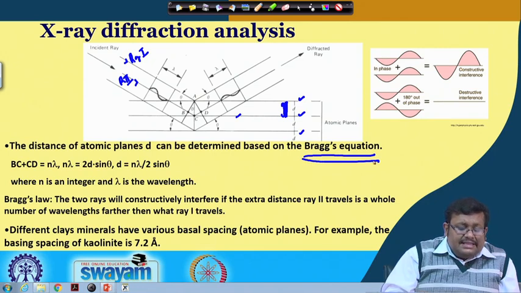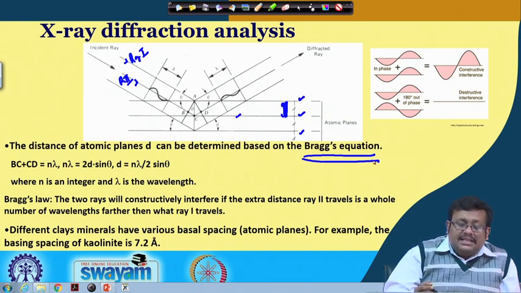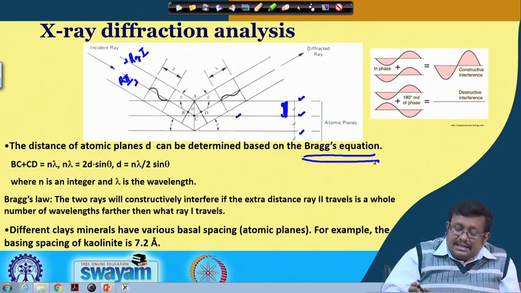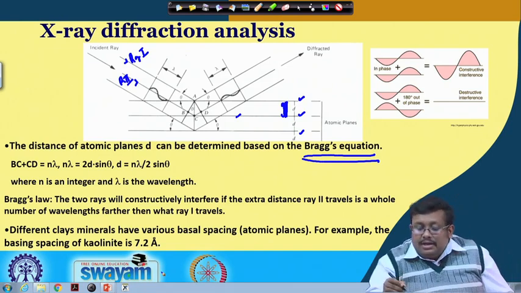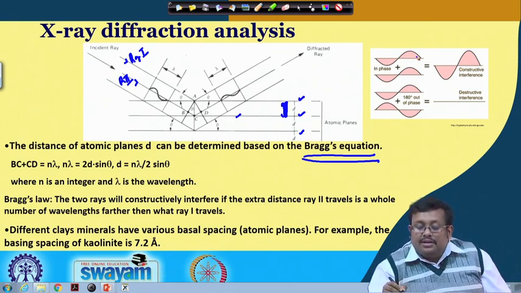Now, Bragg's law says that the two rays will constructively interfere if the extra distance ray 2 travels is a whole number of wavelengths farther than what ray 1 travels. So, what is constructive interference, and what is destructive interference? Let us consider this picture.